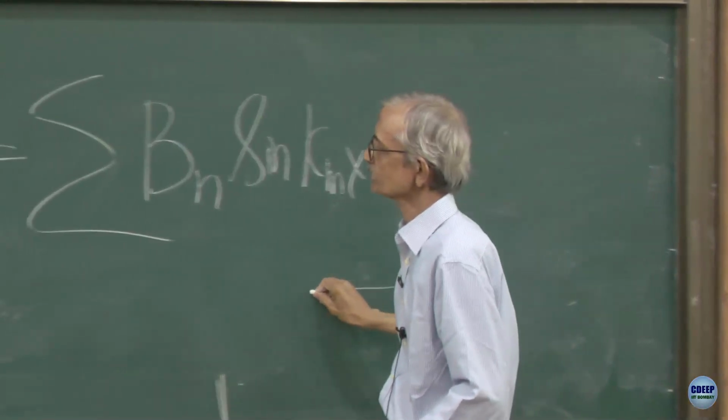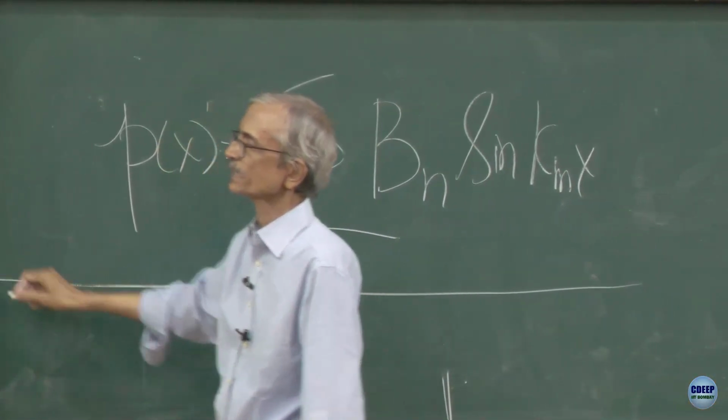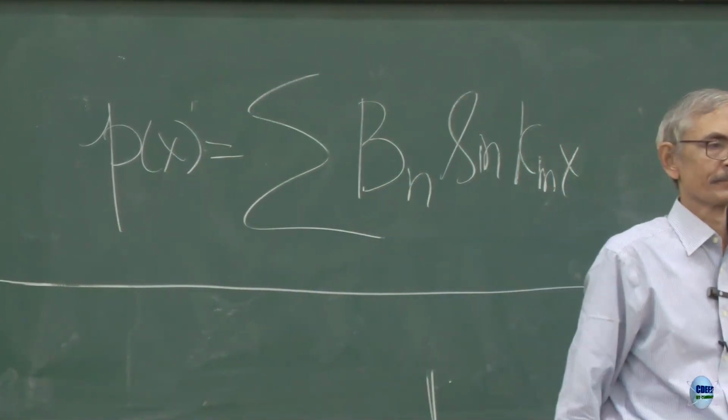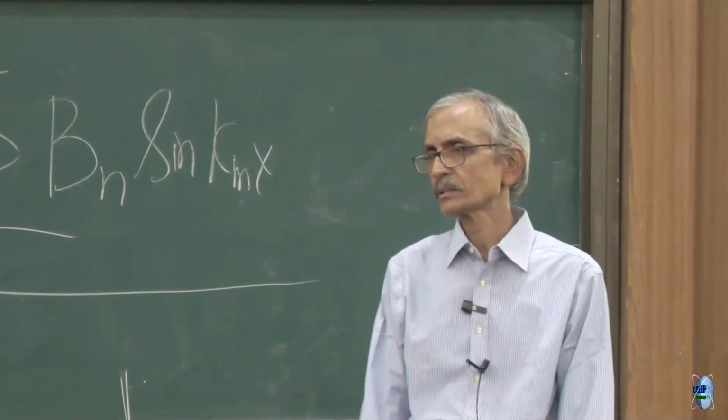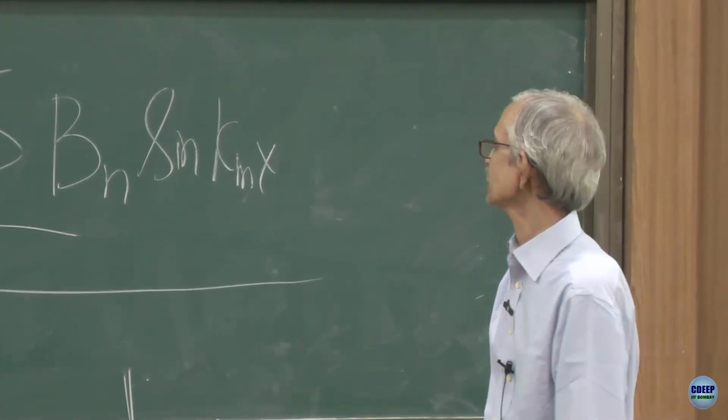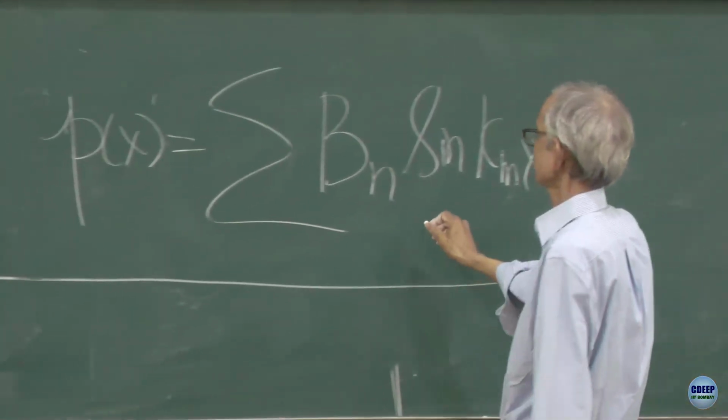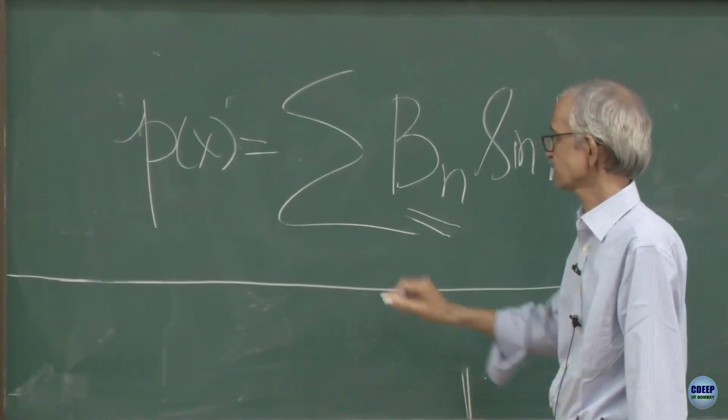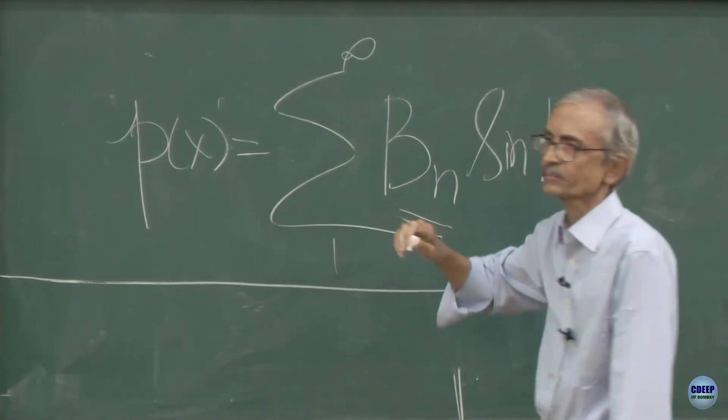So this was my last condition that I would like to satisfy. Now what? How do I get these Bn's?